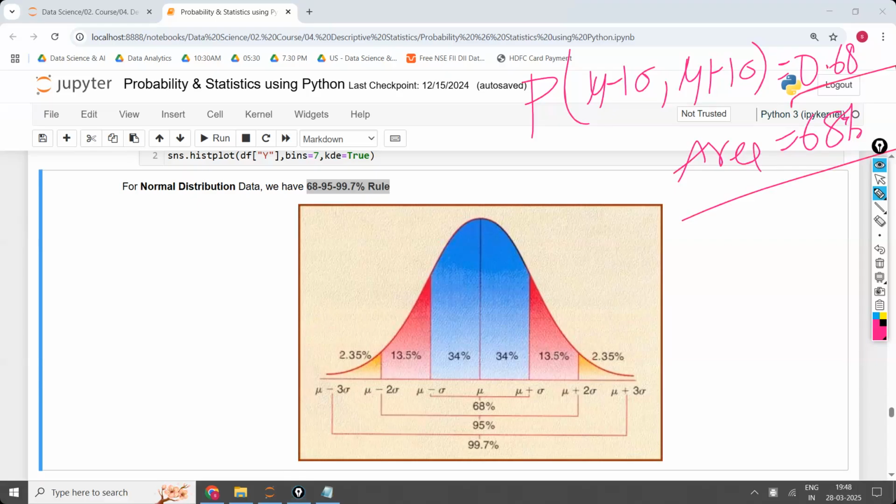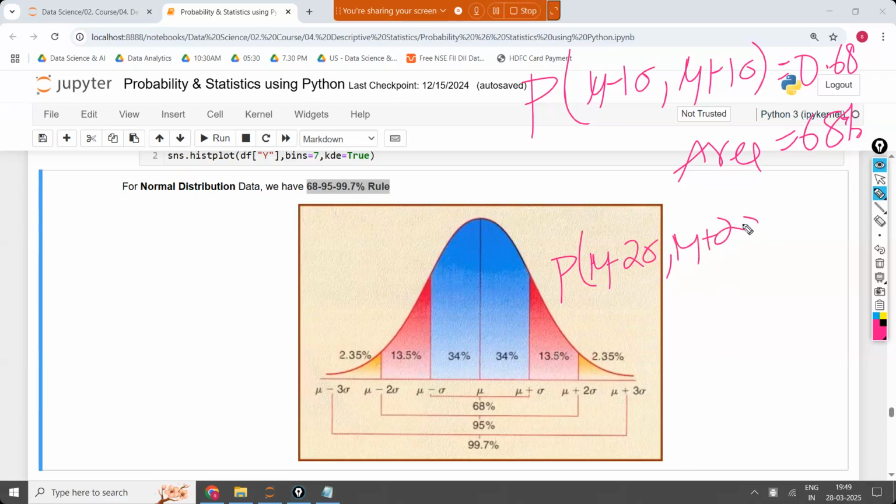Okay. Now, what is the probability or area between mu minus 2 sigma to mu plus 2 sigma? It is equal to 95% overall. From this one to this one, if you combine everything, you are going to have 95.